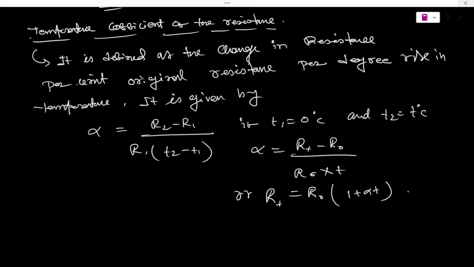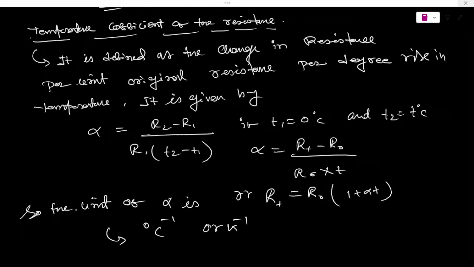So the unit of alpha is centigrade inverse or Kelvin inverse.